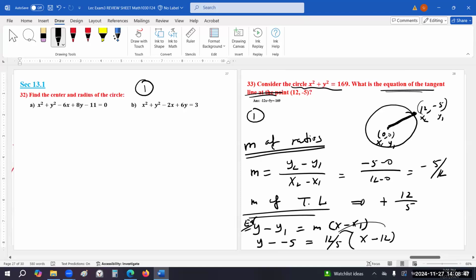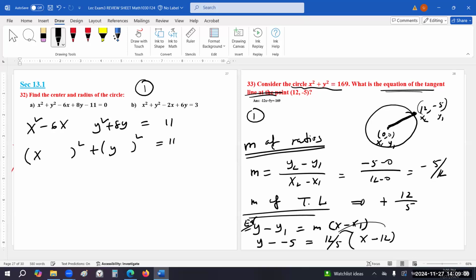And you know how to find the center and the radius, right? Let's do it real quick. We do x squared minus 6x, y squared plus 8y. We kick out the constant. So negative 3, we add negative 3 squared. We divide by 2, that gives us 4. So we do 4 squared.